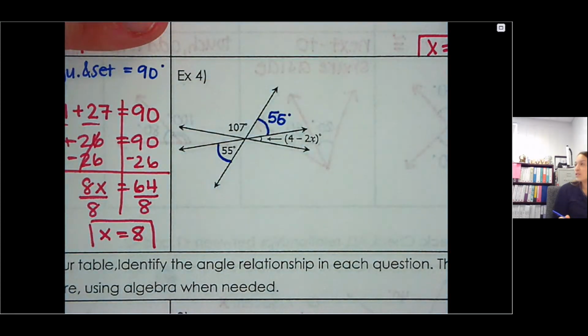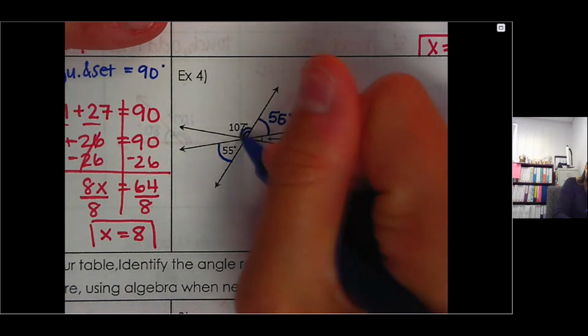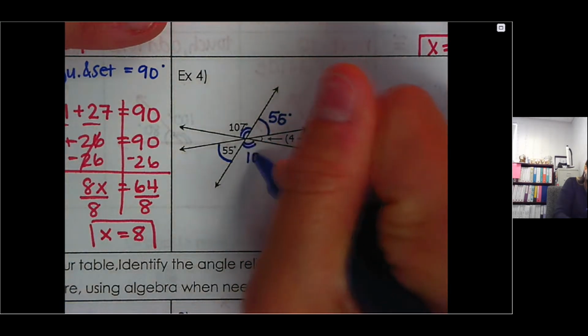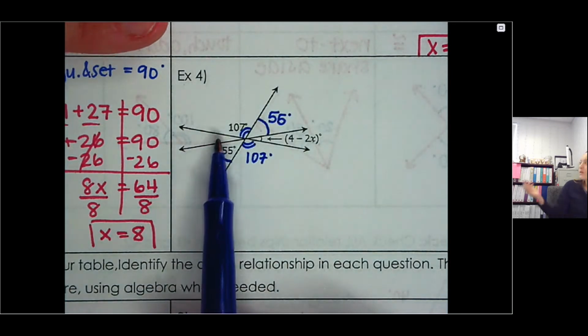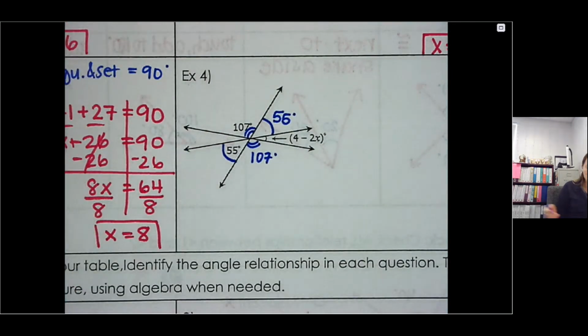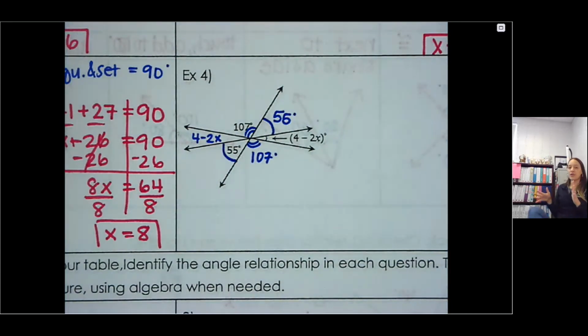There's other ones there that are vertical too. Do you see it? The 107? So I'm going to put 2 arc marks here. This one's also 107. Hey, what does that mean this one is? 4 minus 2x, yes. All good. So look, there's a bunch of vertical angles in this picture.